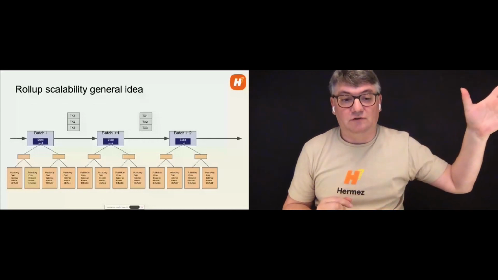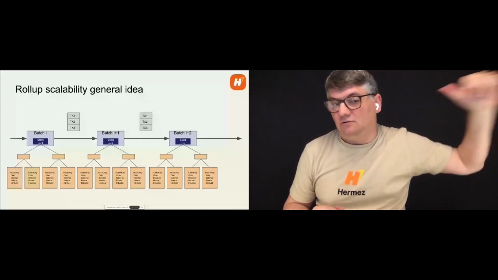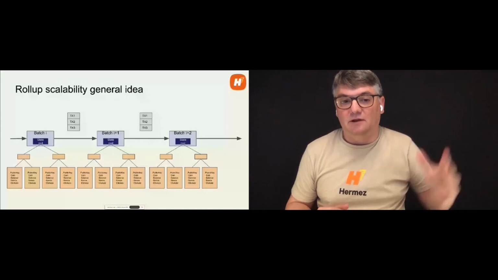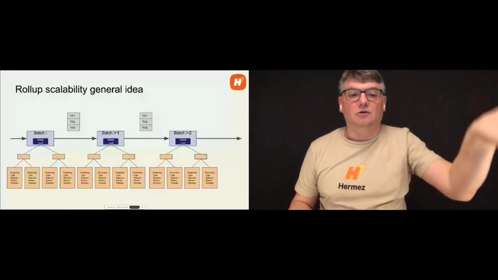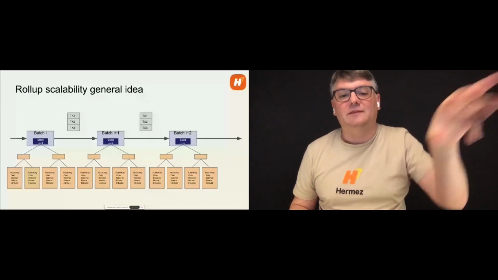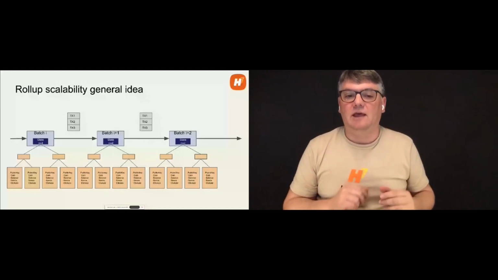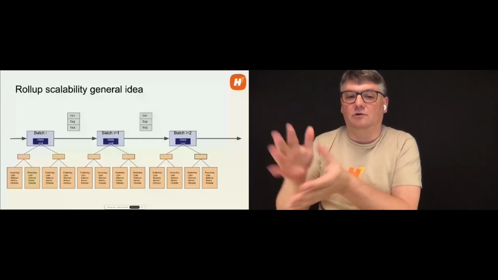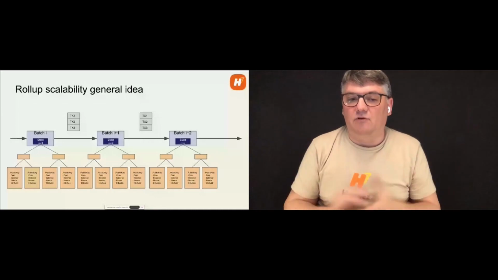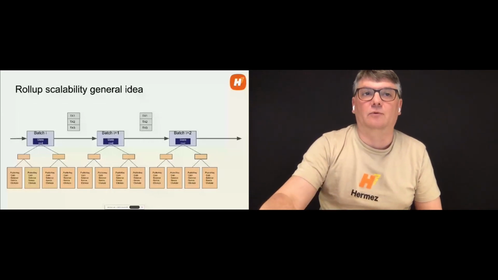There are other options, validiums, where maybe they put the data off chain or in federated systems and so on. And there are optimistic rollups, which don't include this zk proof and are more based on gaming. Somebody can challenge that a proof is not valid, and then they need to wait a little longer in order to finalize. But zk-Rollups work mainly that way.